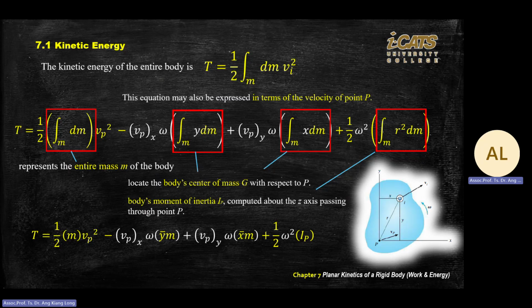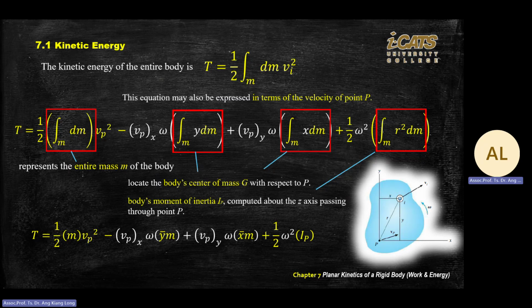In summary, you get the first one, half mv squared. Second one, the question might ask you to find the energy effect of the body center of mass at G, where you take VPX omega y bar m. This one you read from a diagram, y bar, x bar.